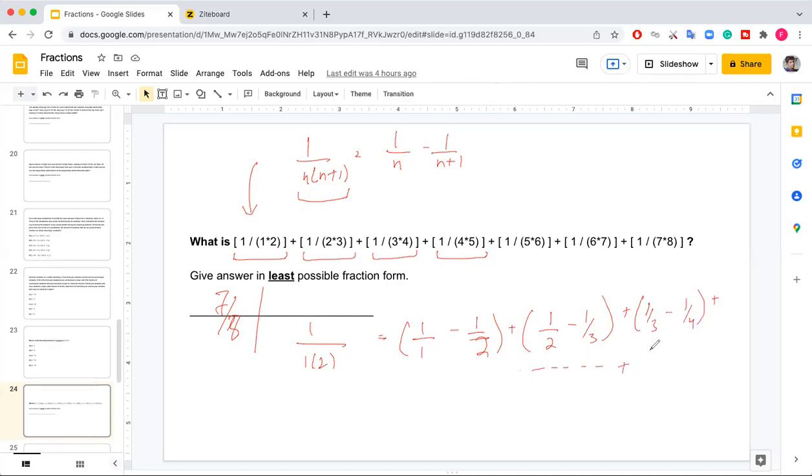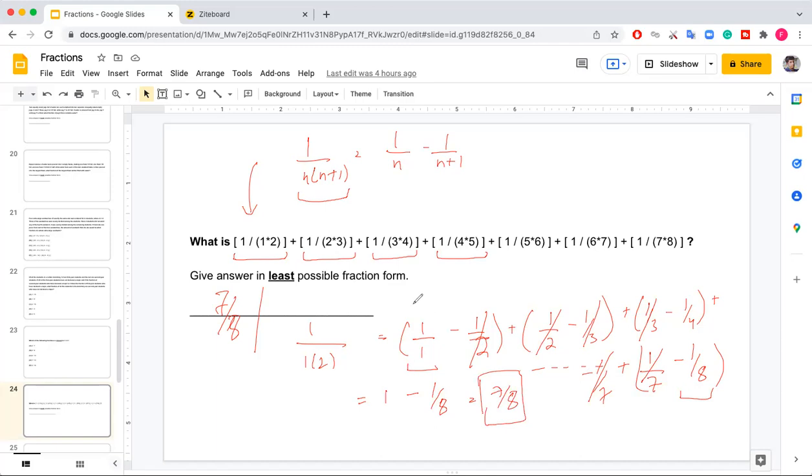And the last one will be 1 by 7 minus 1 by 8. So if you see closely, the second value and the first value are cancelling out. This will keep going until minus 1 by 7 and 1 by 7 cancel out. And we are left with only 1 and minus 1 by 8. So this is 1 minus 1 by 8, which is 7 by 8.